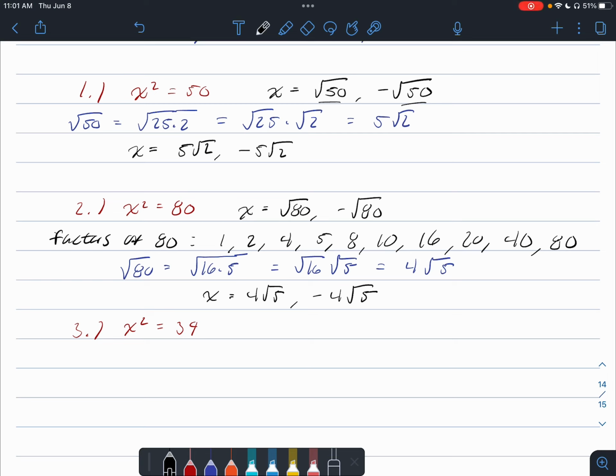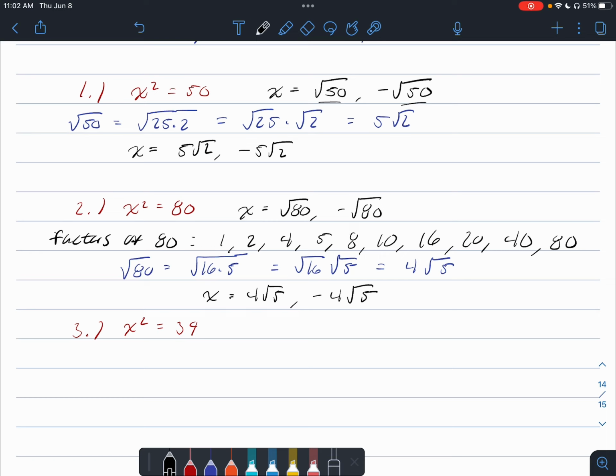And if you didn't catch on to what I was doing in this blue writing, where I was trying to simplify the square root of 80, I was trying to rewrite 80 as a product of two numbers where at least one of them can be taken as a clean square root. You'll notice that you can't cleanly take the square root of 80.